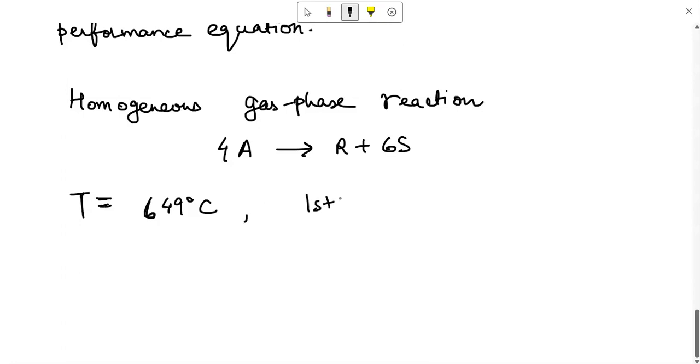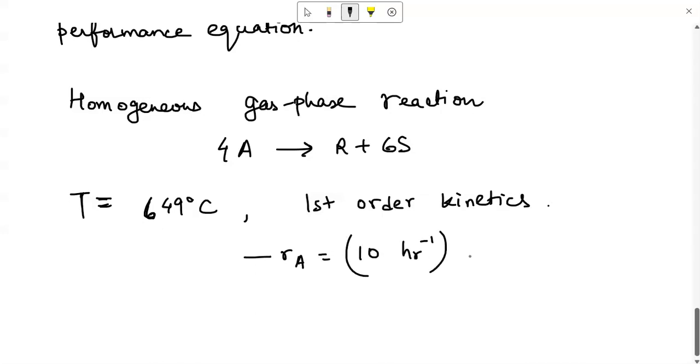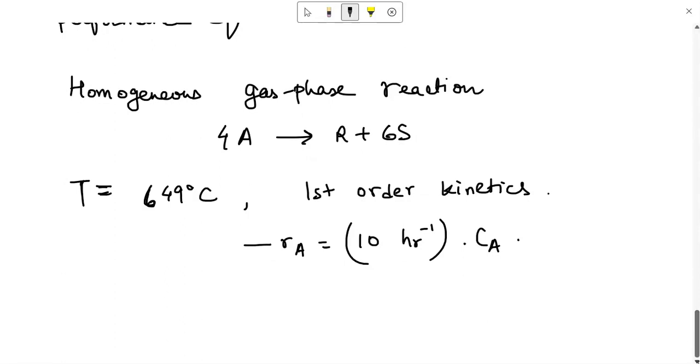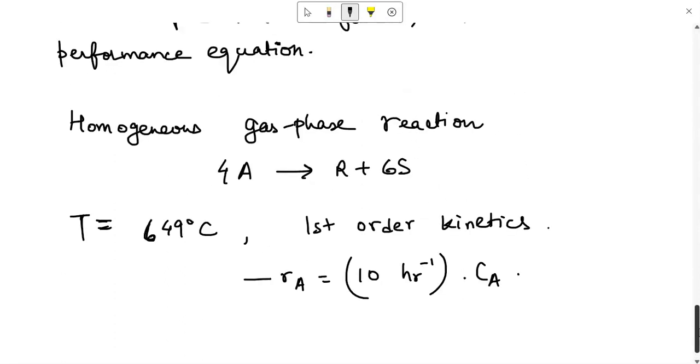We have a first order kinetics, which is fairly simple, and the kinetics is minus rA equals 10 inverse of CA.